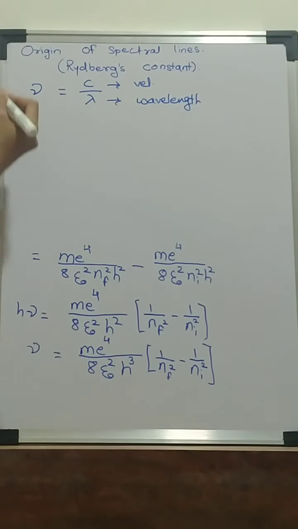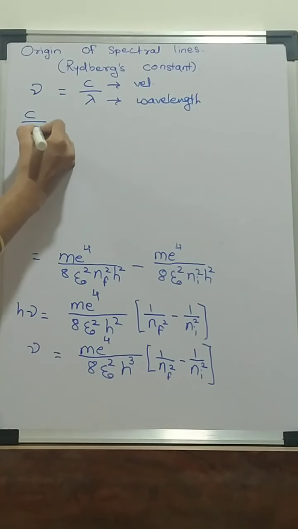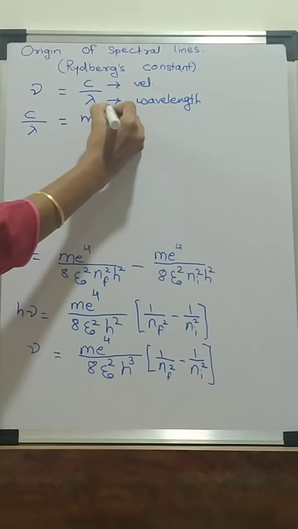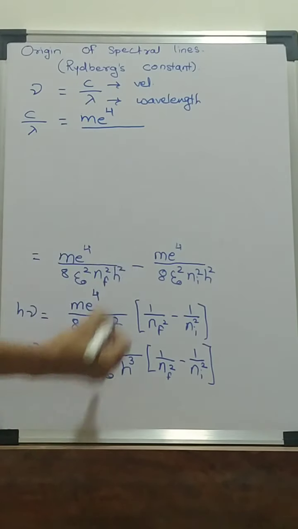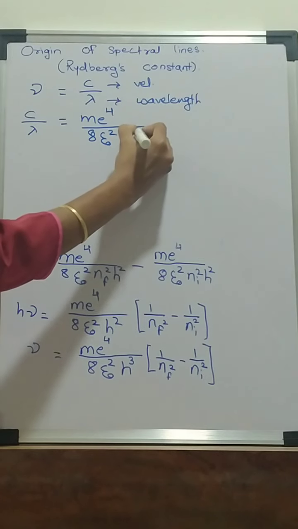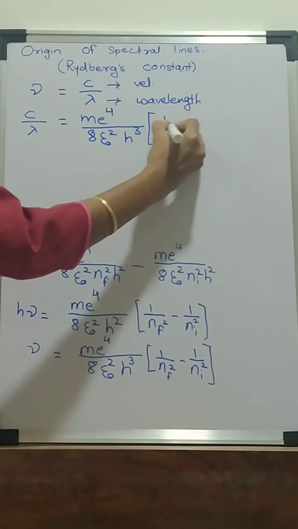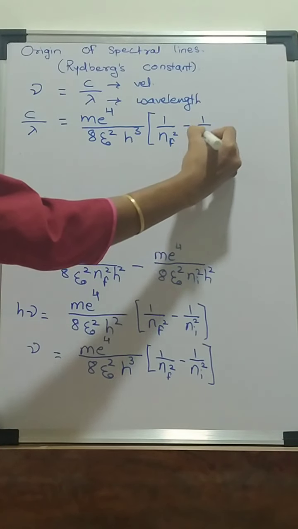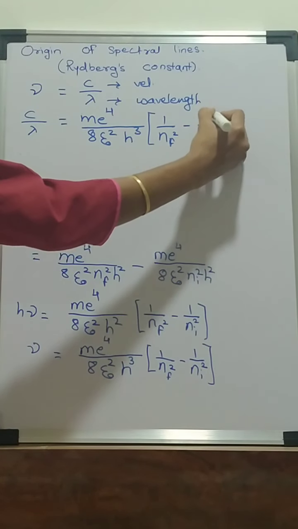So instead of nu, I will write c by lambda is equal to me raised to 4 upon 8 epsilon naught square h cube, bracket 1 upon nf square minus 1 upon ni square.